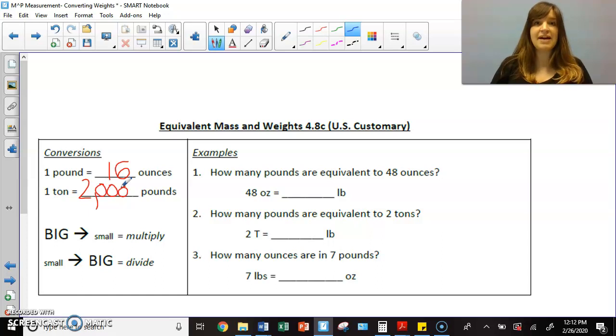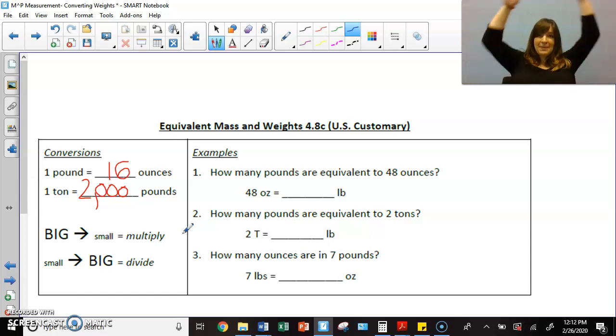So when we're converting between ounces and pounds and tons, we are going to take the amount that they give us and multiply or divide by the equivalent unit that we wrote down over here on this side. If we're going from a bigger unit to a smaller unit, we're going to multiply. To remember that, we make the multiplication symbols over our heads because that shows us that it's big.